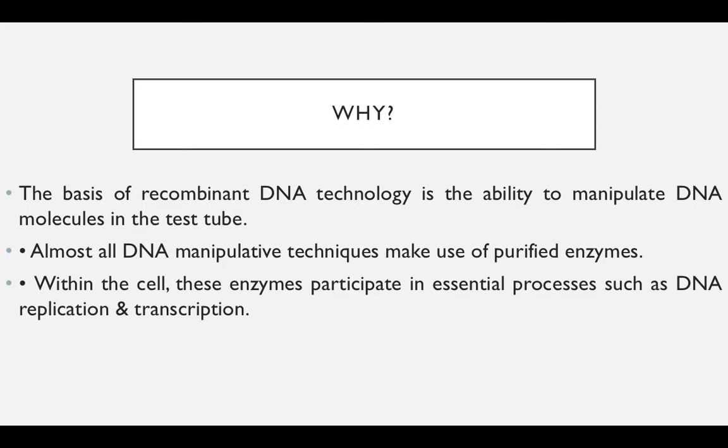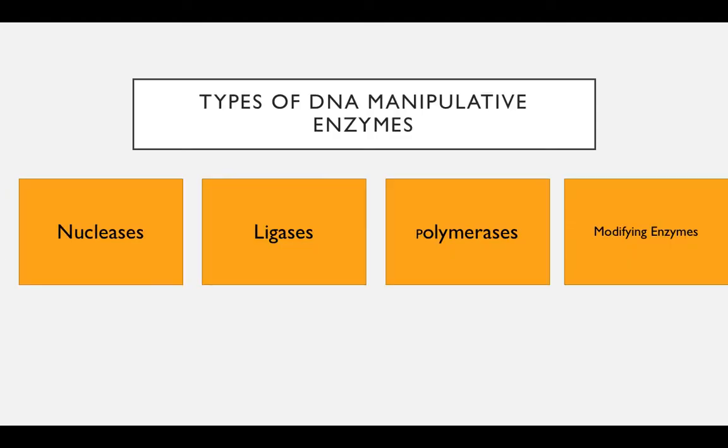So what you try to do, you take these particular enzymes, and within the cells, they participate in various kinds of reactions, such as replication and transcription, and all those activities are performed by these enzymes. So we'll talk about these manipulative enzymes, and they are classified into four different types.